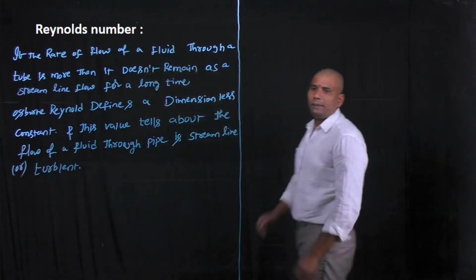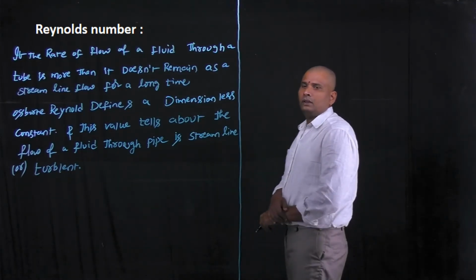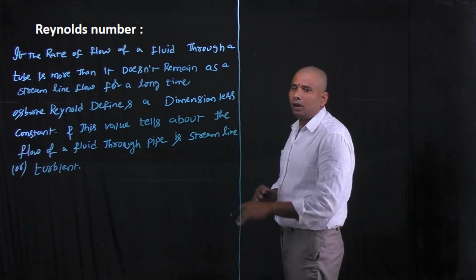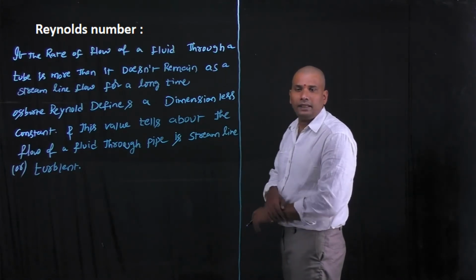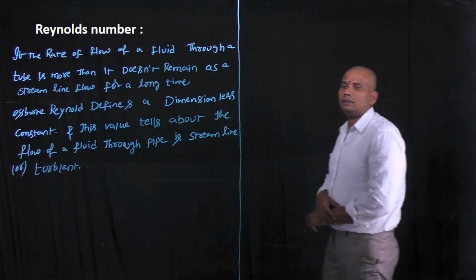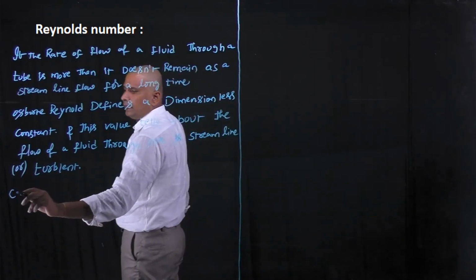And the maximum velocity of a fluid for which the flow through a pipe remains a streamline flow is called critical velocity. Here there is a term critical velocity.